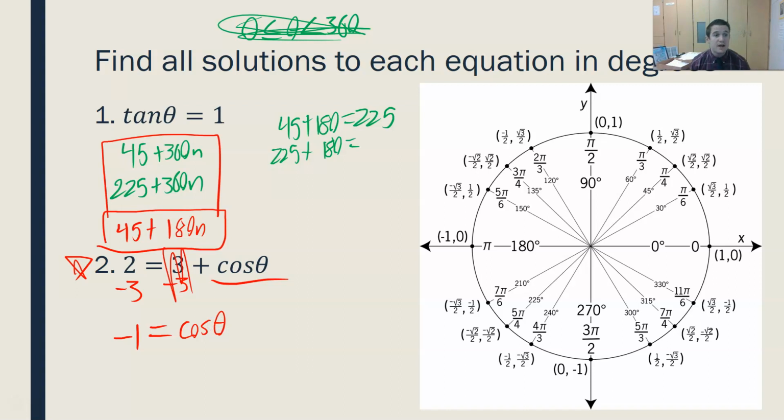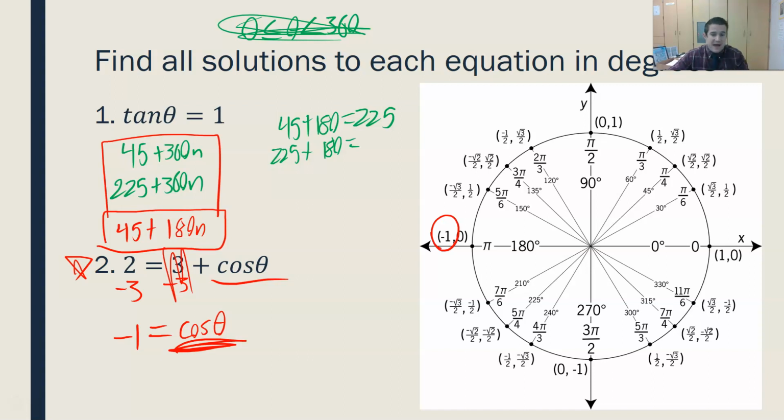So, on my unit circle, where do I have a cosine value, or an x-coordinate, of negative 1? I have an x-coordinate of negative 1 right here, and I think that's the only place.